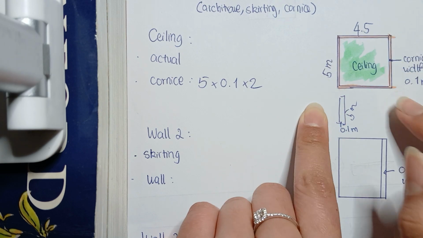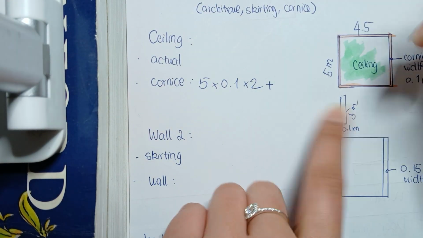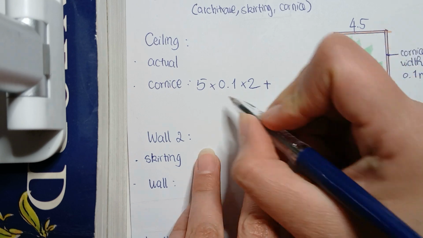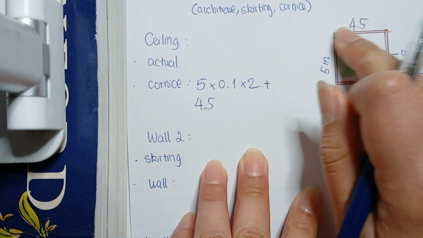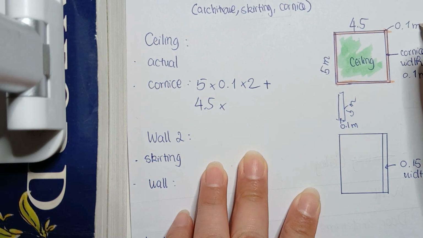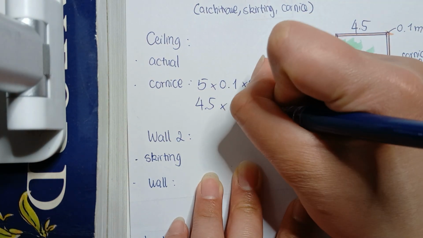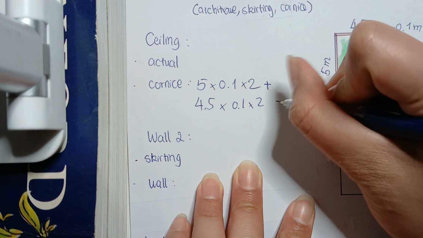Do you see? And for these two areas here, I'm gonna add them because they are all orange. Plus 4.5, which is the length, multiplied by the width, 0.1 meter, and then I double them because I have 2 parts here. Then work out the area.